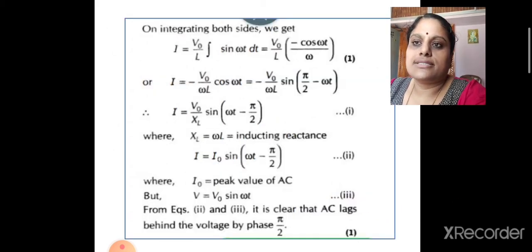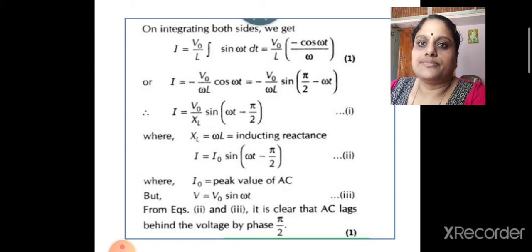Integrating both sides, we have integral of di, which is I, equal to V0 by L into integral sin omega t dt, which is equal to V0 by L into minus cos omega t by omega. So we can write I equals minus V0 by L omega into cos omega t.